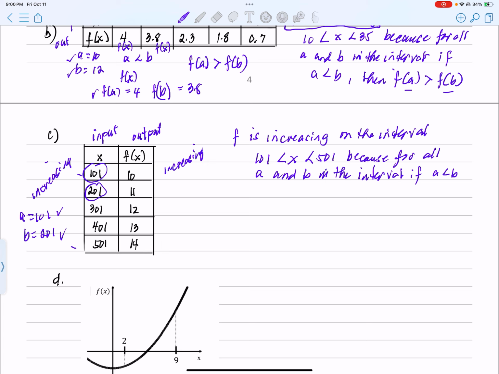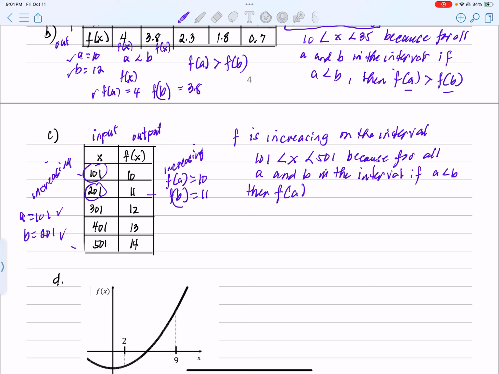Then the function of A is also, what can you say about the function of A? When it's 101, the f of A is 10. And the f of B is 11.